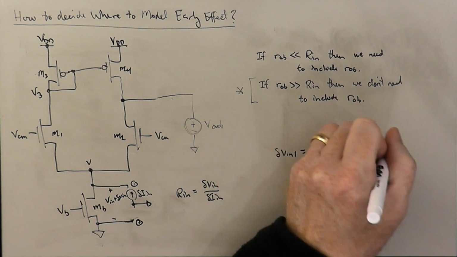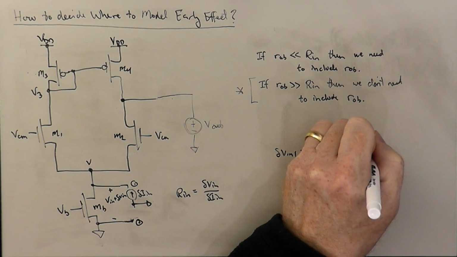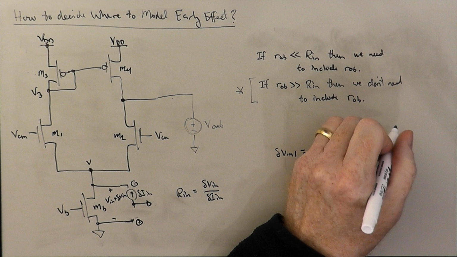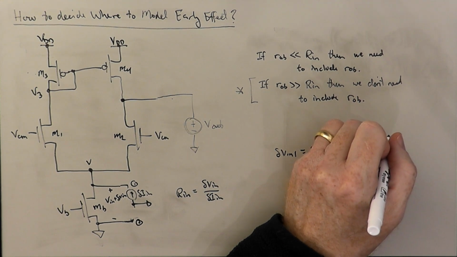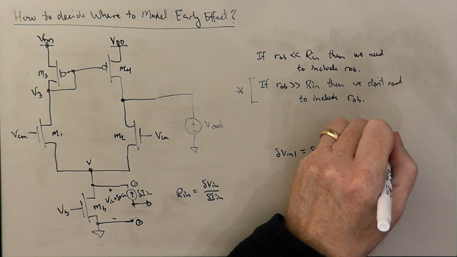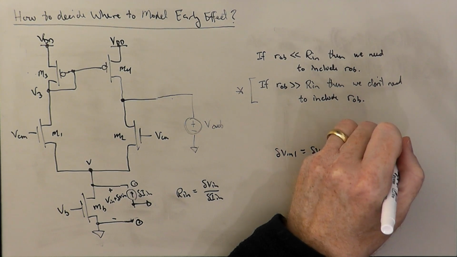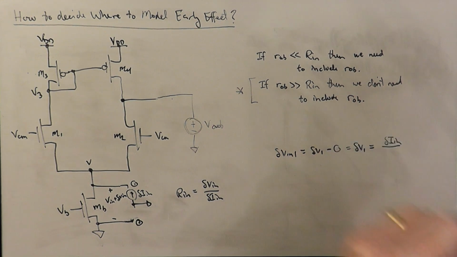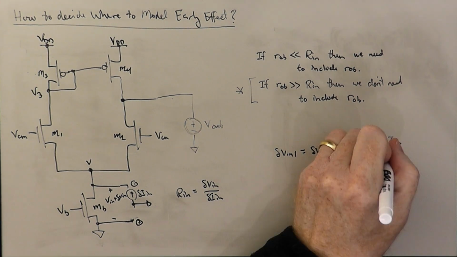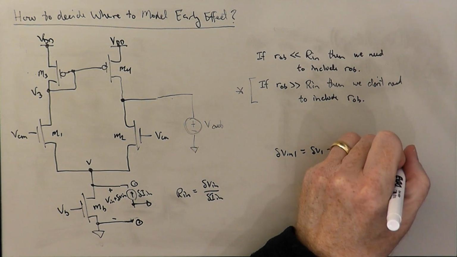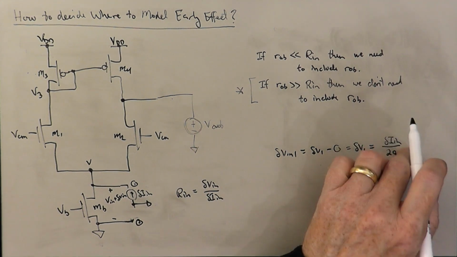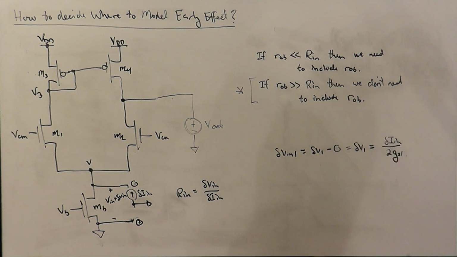So delta V1 is going to be basically delta Iin divided by 2GSN, say 2GS1, GS1 equals GS2, and that's it for the delta Vin due to replica source 1.